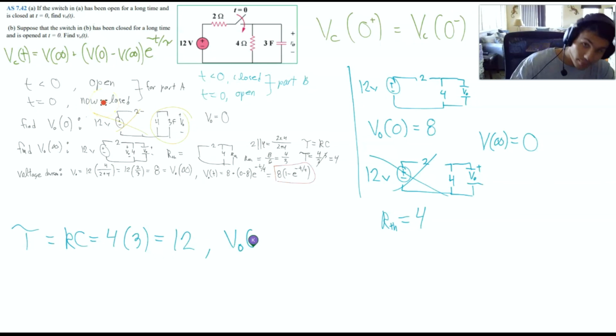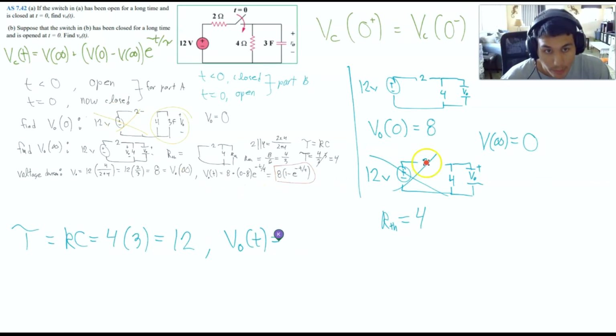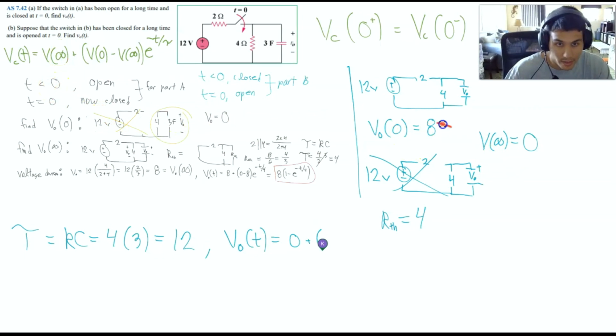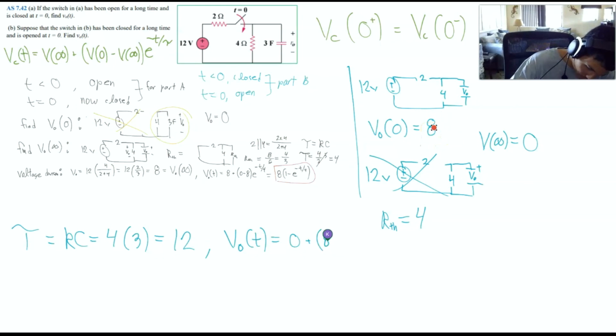Okay, so then if we write our equation, same equation, V of 0 of t, it's going to be, okay, infinity is 0, so it's going to be 0 plus, and then V of 0 is 8. So minus 0, e to the negative t over 12.